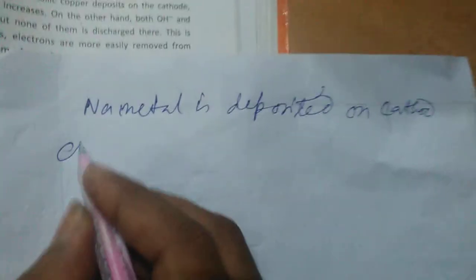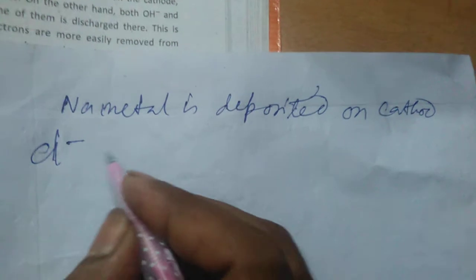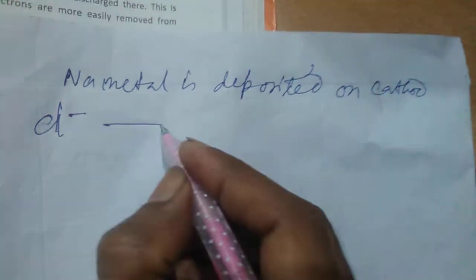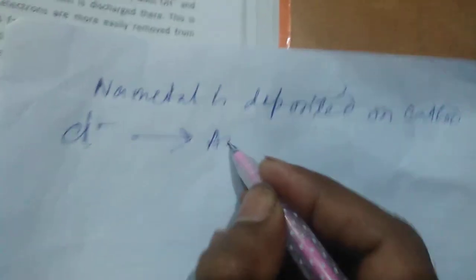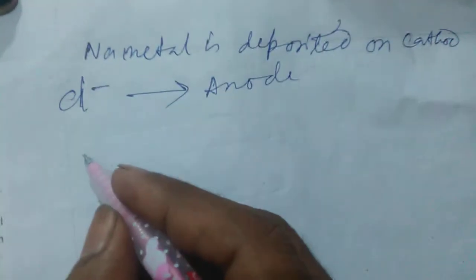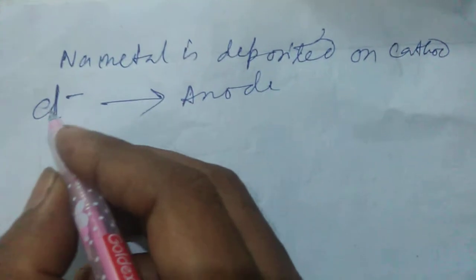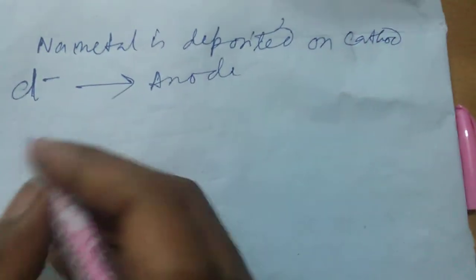And on the contrary, Cl- is a negatively charged ion. It will move towards the anode, and you know the anode is the positive plate, so there is a scarcity of electrons.